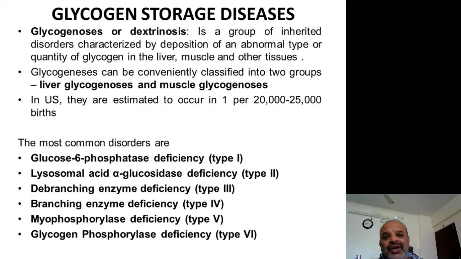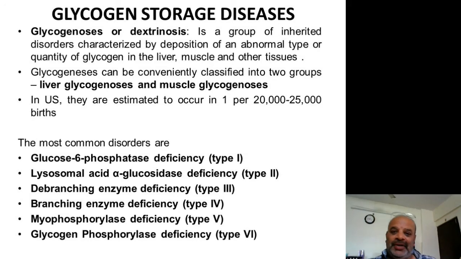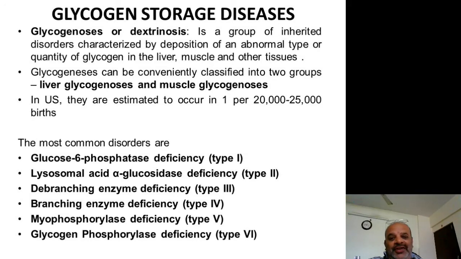In the US, you will see around one case per 25,000 births where the child might have glycogen storage disease. There are more than 15 types of glycogen storage disease, but basically, if you look at the most common types, we classify them into type 1 to type 6.